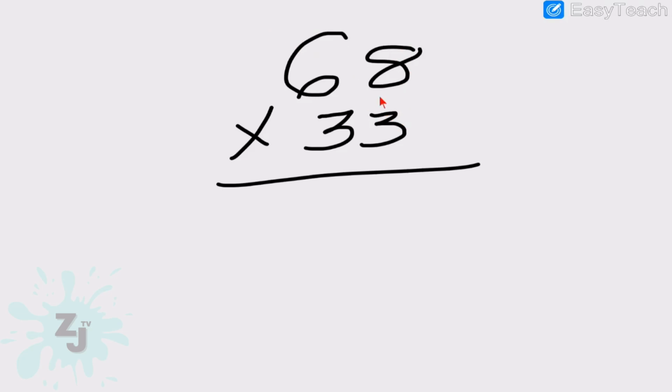Next is 6 times 3. We will bring down a 0. Next is 8 times 3 and 6 times 3. So there you have it. That's what we are about to do.